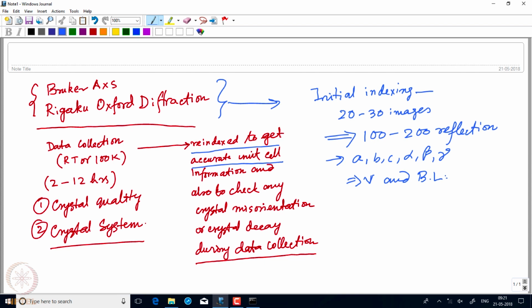This information also comes with the percentage number of reflections indexed. So percentage indexed is an important parameter.